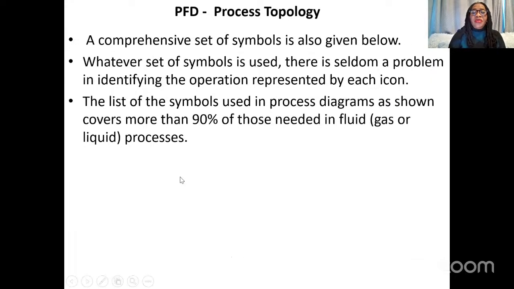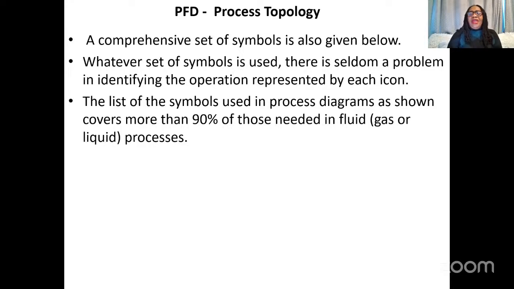Okay. So a comprehensive set of symbols is shown below. I'm going to show you a set of symbols for equipment. Whatever set of symbols is used, there is seldom or rarely any problem in identifying the operation represented by each icon.